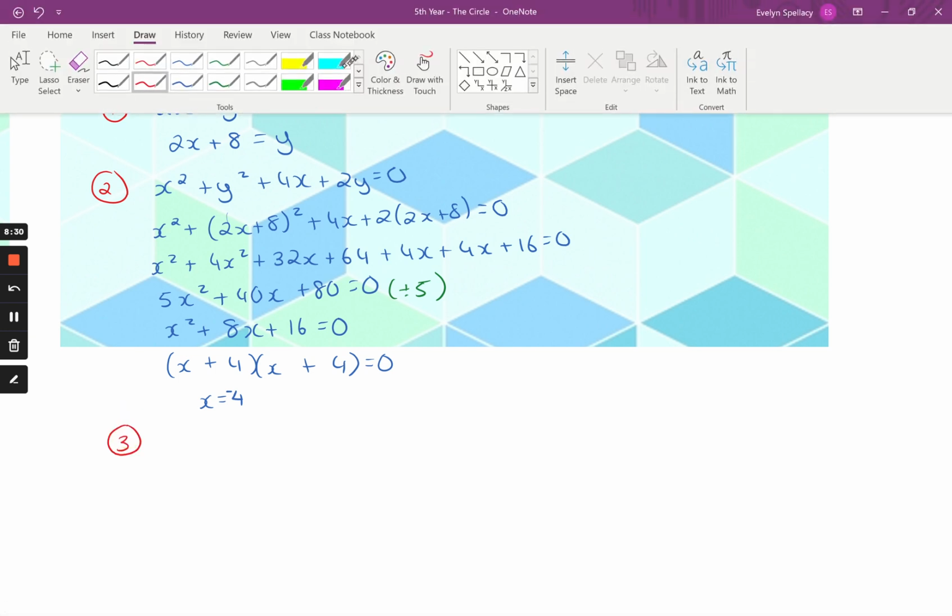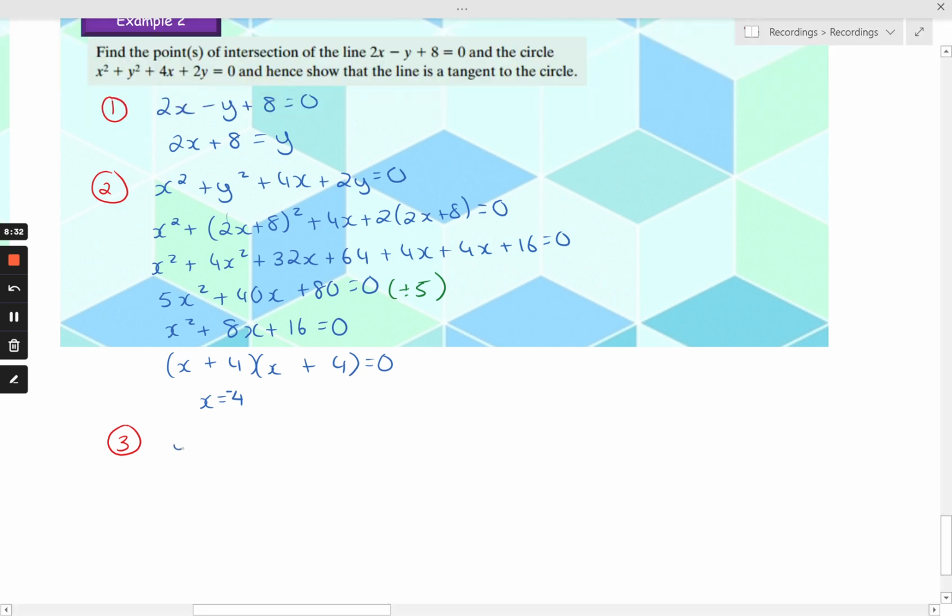We said that y is equal to 2x plus 8. So instead of x now, I'm going to sub in minus 4. So I have 2 by minus 4 plus 8, which means I have minus 8 plus 8, which gives me 0. So that means my point of intersection between the line and the circle is minus 4 and 0. And since there's only 1 point of intersection, we know that the line is a tangent.